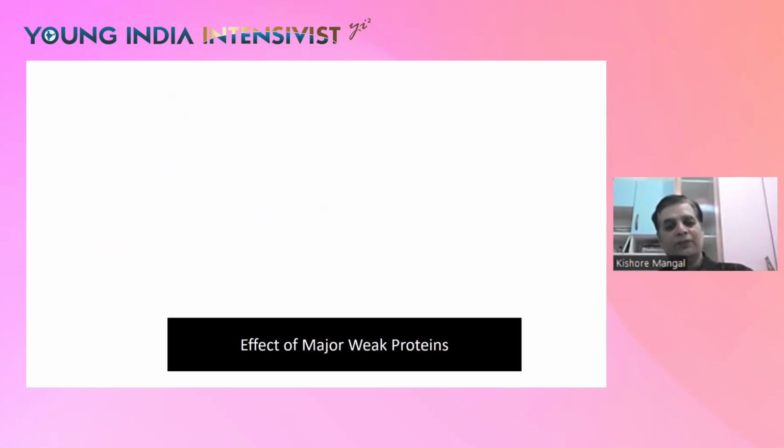What are the effects of major weak acids? The major weak acids are mainly albumin and phosphorus. In critically ill patients, we often see that the albumin levels are on the lower side. The patient's albumin is 1.5, 2 or 2.5, so it is reduced. So what it does to the ATOT, the ATOT is also going to reduce.